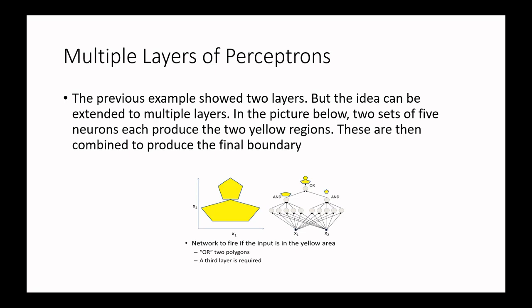And then you can use in the right-hand side of the diagram another 5 neurons with 5 lines that will match the top polygon. And then the output of these 2 units can be combined using a neuron which implements an OR function, which combines these 2 areas and basically gives you the classifier that you want.